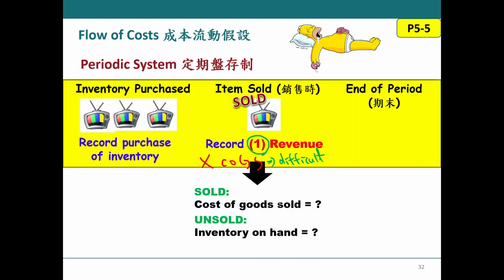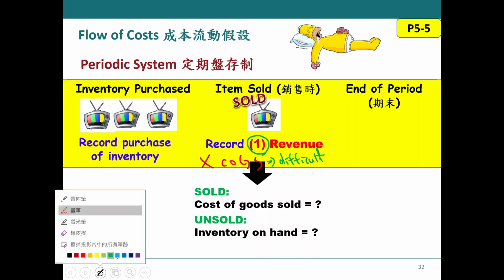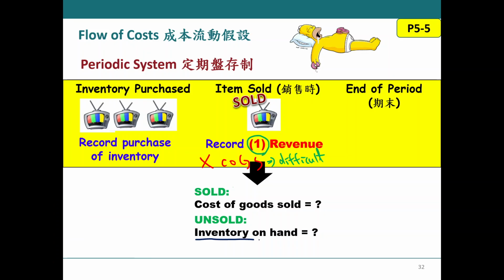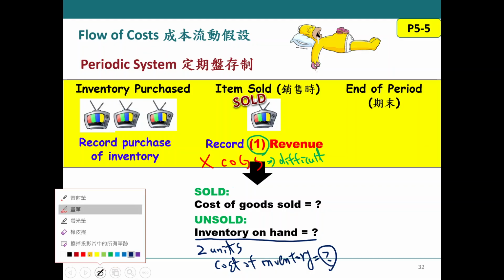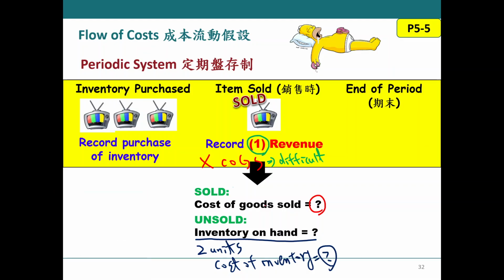So how many are still on hand? Based on this, I know 2 units. But for these 2 units, cost of inventory, you don't know the numbers. Why? Because you don't know cost of goods sold. You don't know the cost of inventory for the 2 units. So what does it mean?